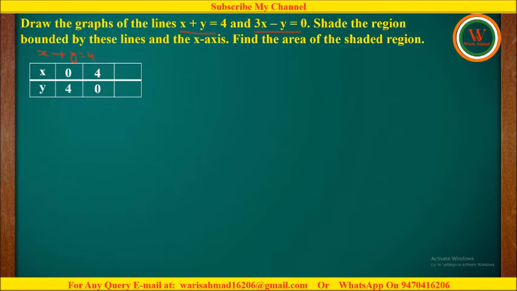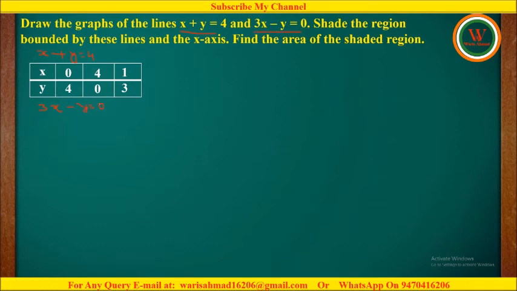Similarly, if we put x equal to 1, then y is equal to 3. So these three are the solutions of the first equation. After that, we have to find the solutions of the second equation, 3x minus y equals 0.